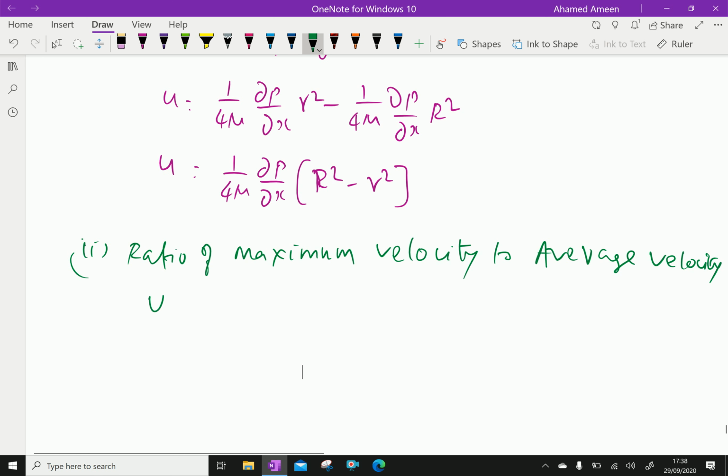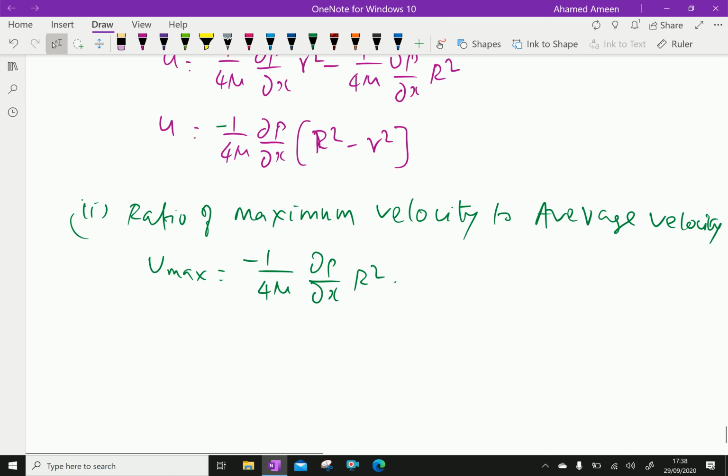Therefore u max equals minus 1 by 4 mu dou p by dou x R square. That is the maximum velocity at the center of the pipe, because r is 0.